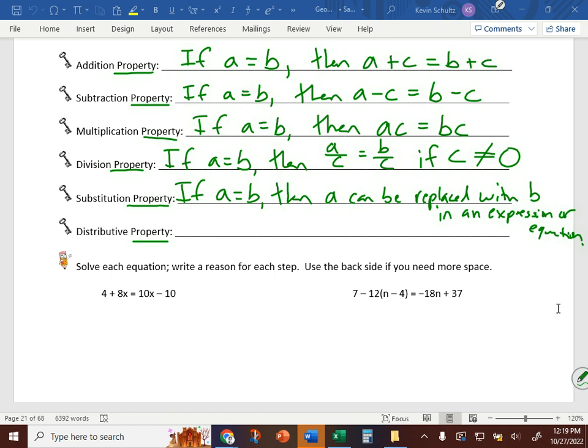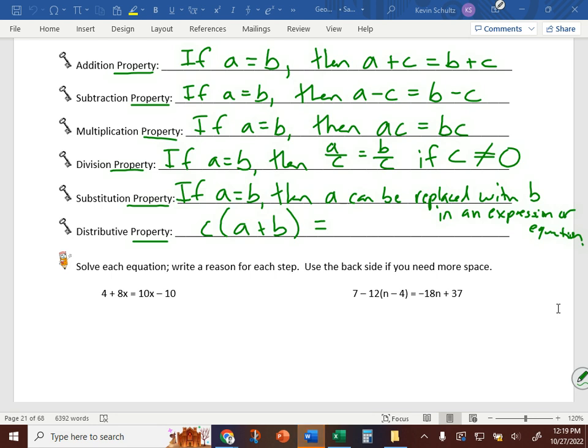The distributive property. Same distributive property as you've used before. This one doesn't start with A equals B though. This one is no if. If you have, we'll keep with C. Okay.